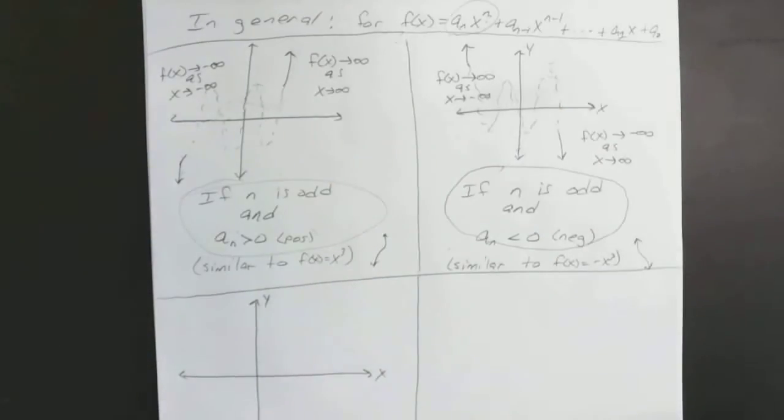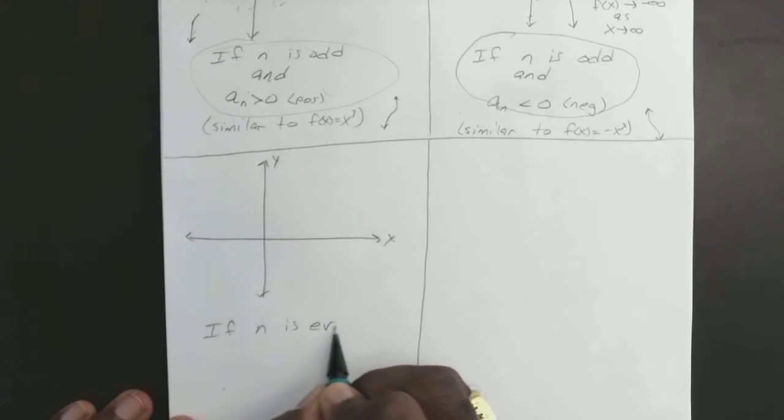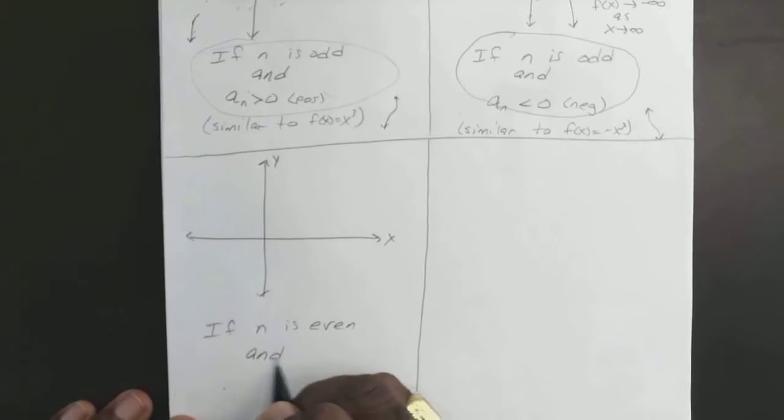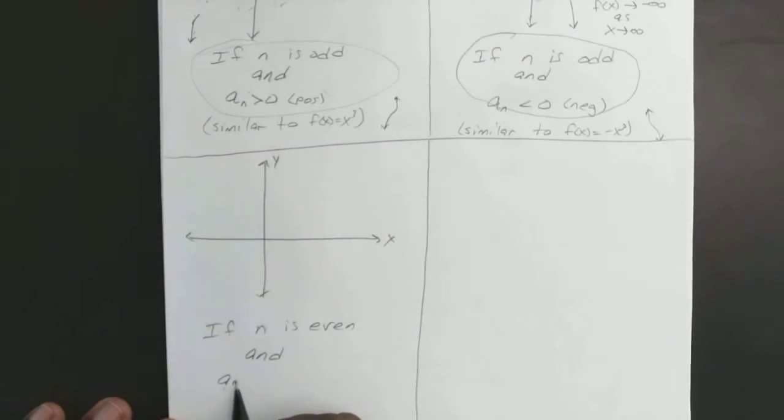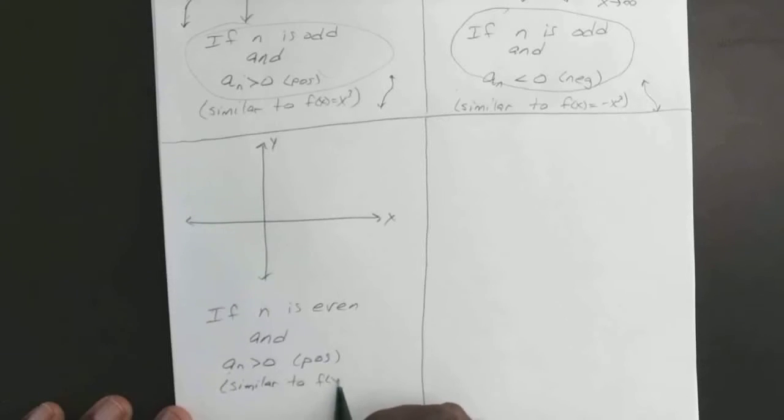What if that lead coefficient is positive, and let's say that lead exponent is even, kind of like x squared? So if n is even and your lead coefficient is positive, it's pretty similar to x squared.